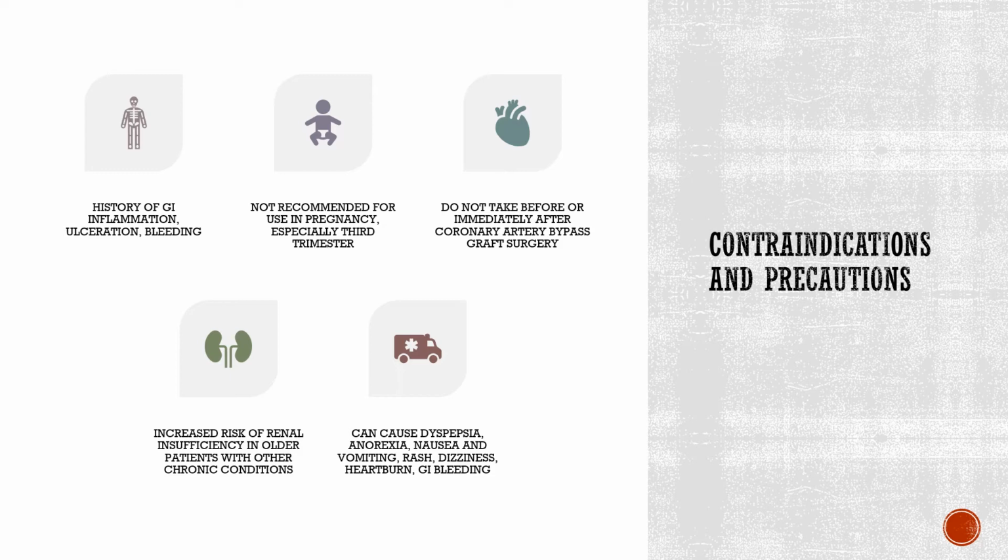They should not be taken before or immediately after coronary artery bypass graft surgery. In fact, generally for a patient that has a history of this, an NSAID would be a contraindication across the board.